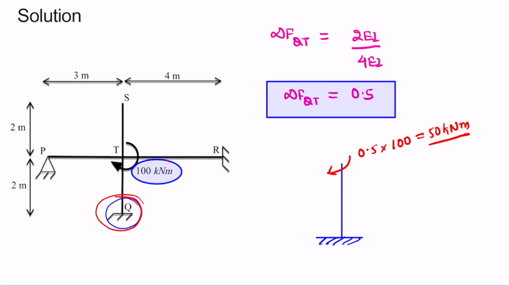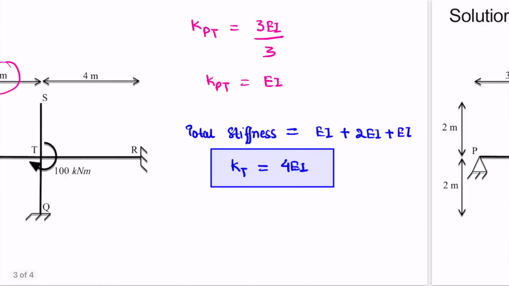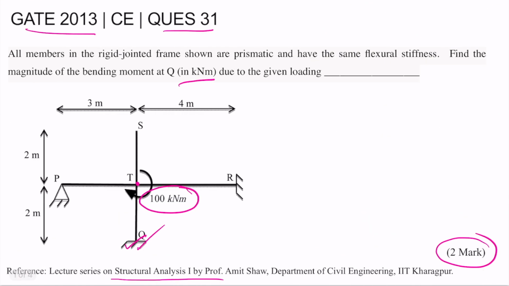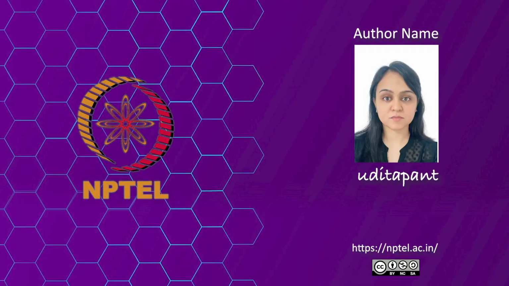So here we need to find out the moment at Q. So if we apply the moment 50 kilonewton meter here, the moment carried over to this point Q will be half of the applied moment. So the moment at Q will be equal to 25 kilonewton meter. So we needed to find the moment at Q. So our answer is 25.